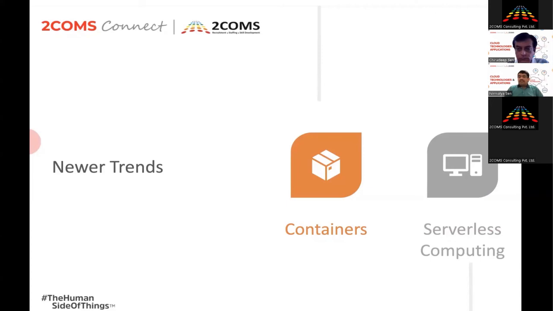And then when you need it, you just call it, it computes, and gives you the result back. And all this is possible because of the massive cloud resources that are available that provide you compute, storage, and network at a cheap cost, right? So those are a couple of the newer trends that are out there.